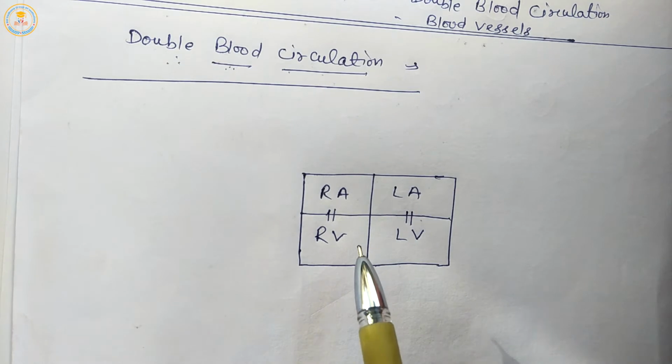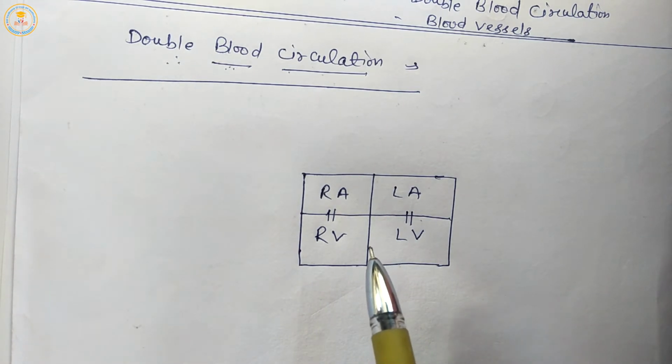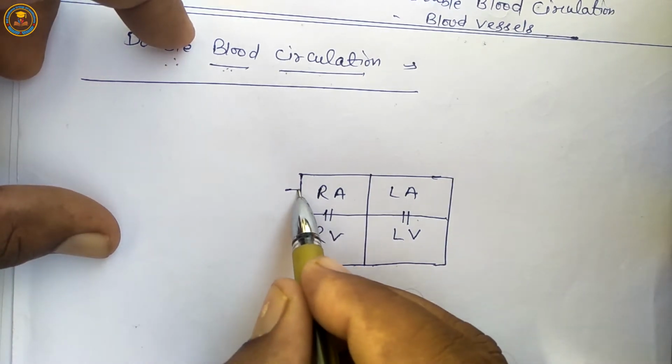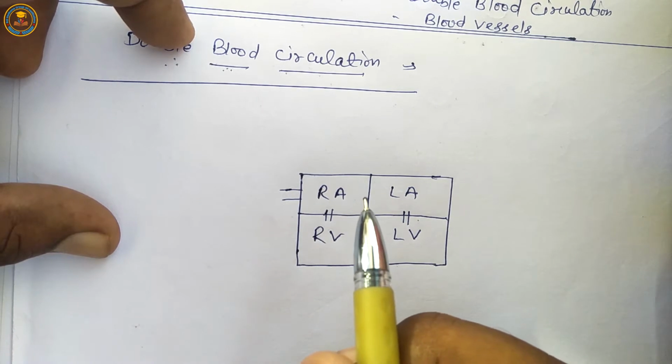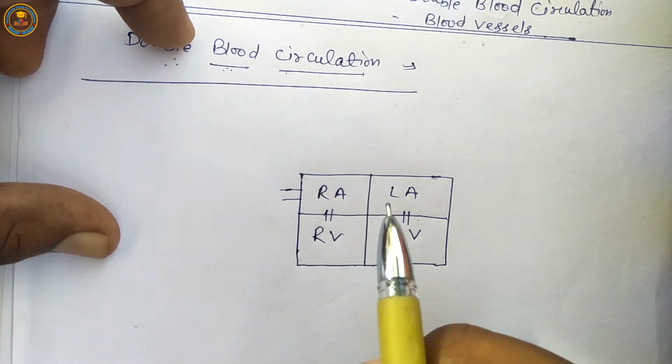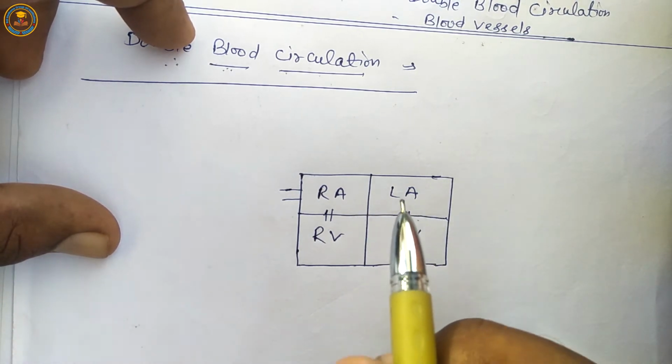So the impure blood is carried by veins and opens in all veins to form some specific large veins, the pre-cavae and post-cavae.